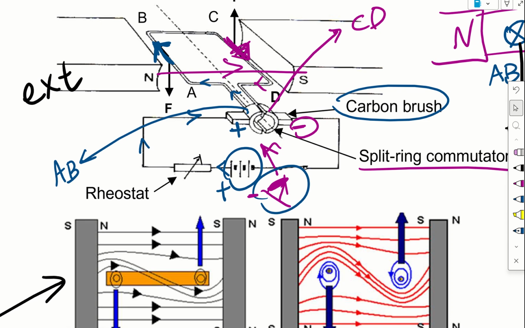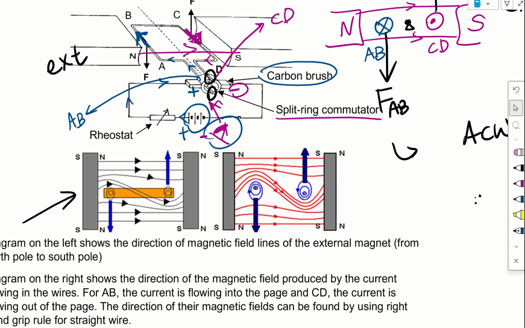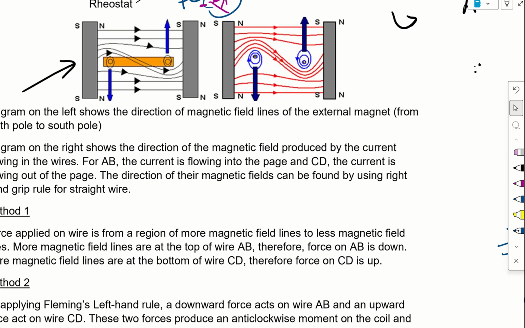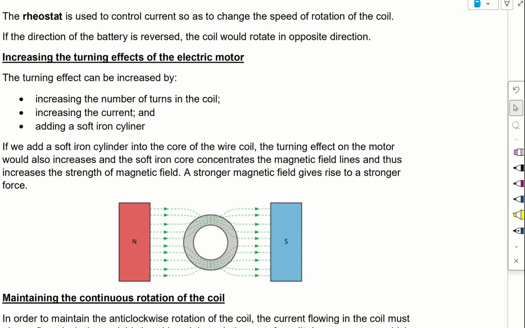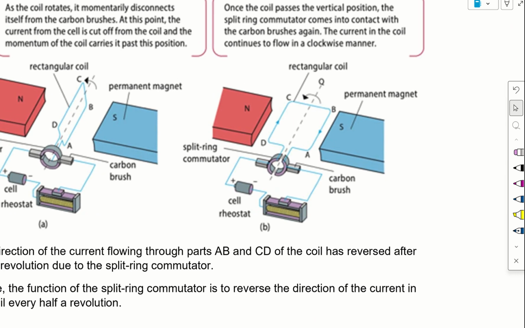And as the coil rotates, the split ring will rotate together with it as well. So why is it called split ring? Because there's this part that is separated. Because later on there will be a point whereby the split ring doesn't touch the carbon brush.